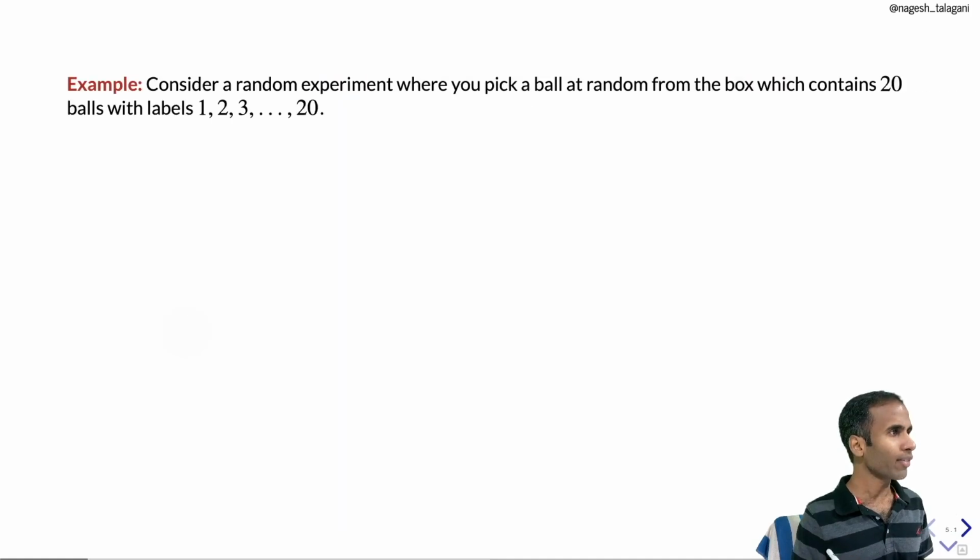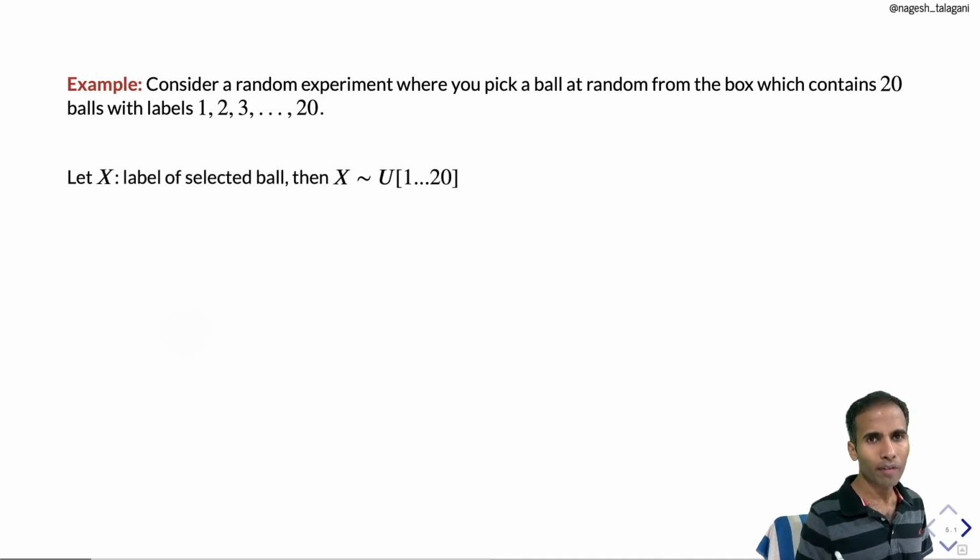Let's look at an example here. Consider a random experiment where you pick a ball at random from a box containing 20 balls with labels 1 to 20. Here X denotes the label of the ball we selected. So X follows uniform distribution over 1 to 20. So here n equal to 20.